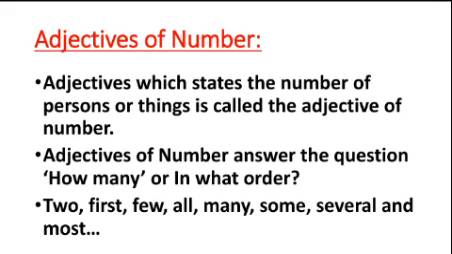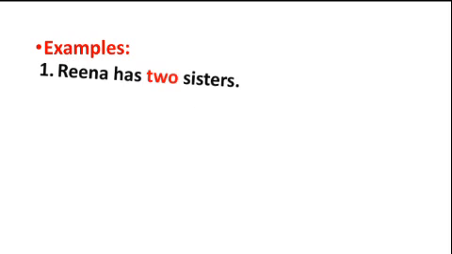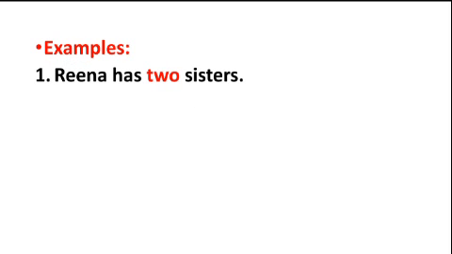Okay. Now let us understand this with the help of examples. First, Reena has 2 sisters. So if you ask the question, how many sisters does Reena have? 2. So 2 is an adjective of number.